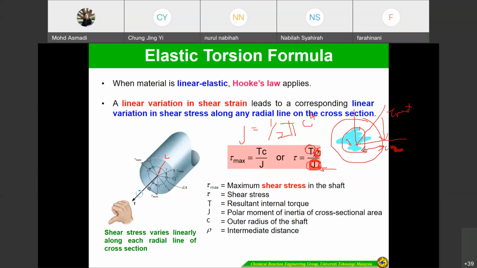This one is C2, that is C1. So meaning that this is C2 minus C1. So this is how to calculate J.